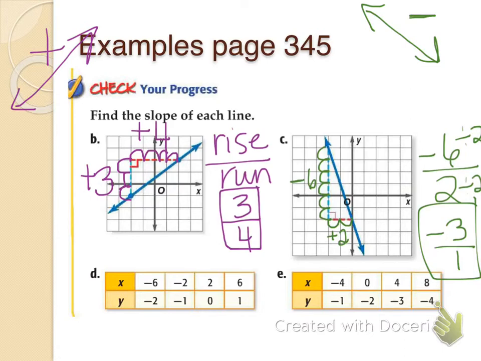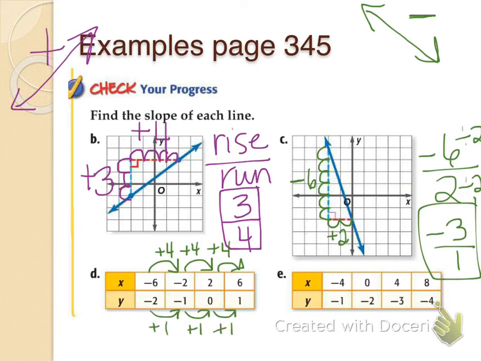However, in D, they give me a table. I'm going to solve a table the exact same way we did the other day for constant rate of change. So if I'm looking at this, my x values, I've got to see what's happening each time. It's easiest right here between 2 and 6. I can see that they're adding 4. However, we are continuously adding 4. For my y's, it's easiest to see from 0 to 1 that they're adding 1.